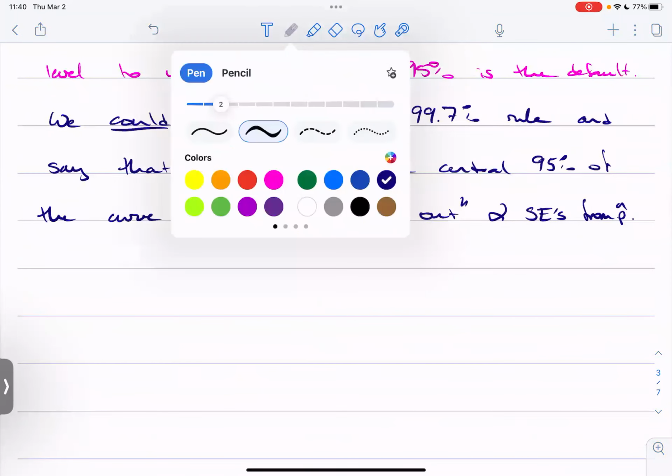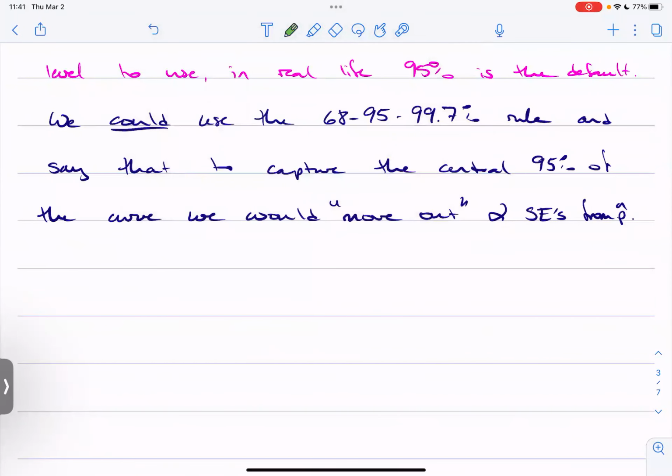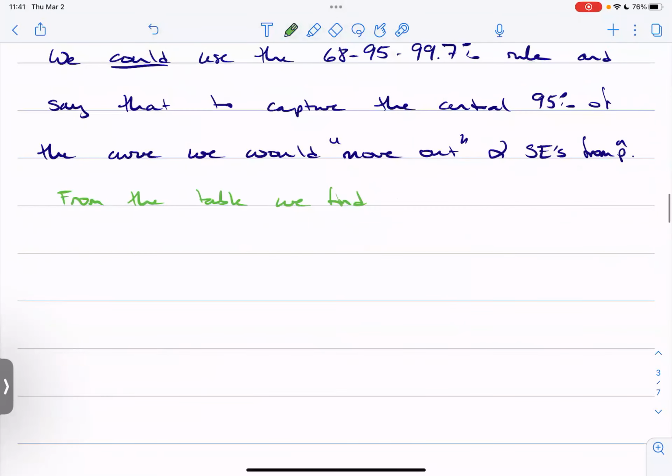From the table, we find a more precise value of 1.960 standard errors from p hat.